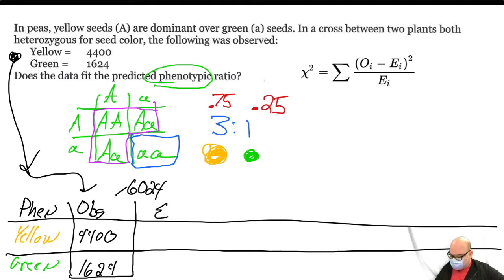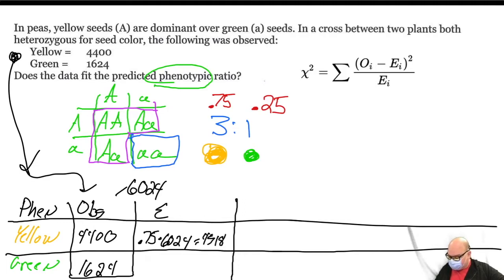I'm going to take that number and use that to figure out my expected. Give myself a little room here. So I'm going to take, remember, I should have 0.75 on my yellow. I'm going to take my 0.75 and multiply it by 6024, and that's going to give me 4518.